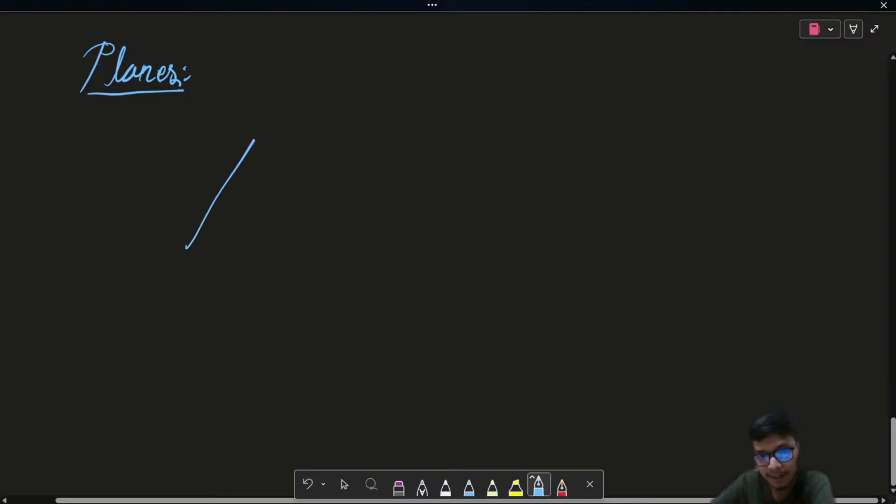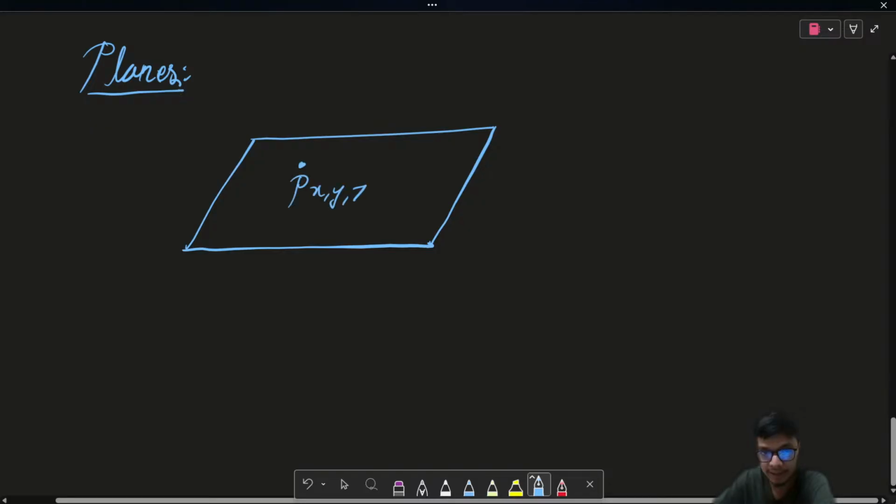Let us say my plane is something like a piece of page, or just one page. Now in this particular plane, let us say I have a point P given as x comma y comma z, right? Let us say the point P moves by a certain rule such that it lies in the 3D region, on a surface or on a line, or is simply a point.